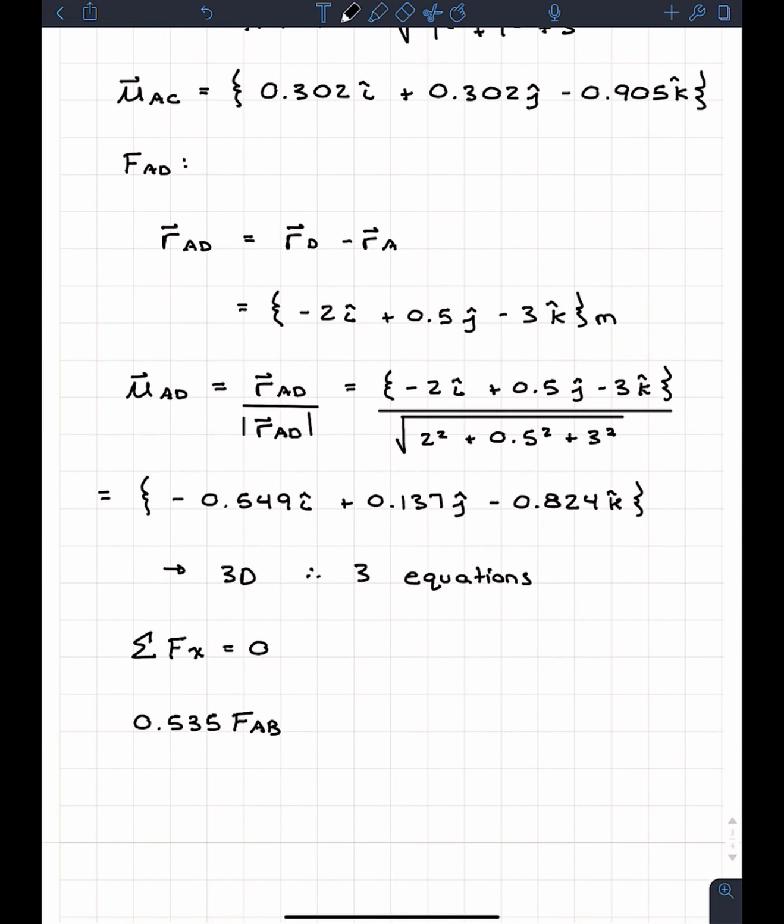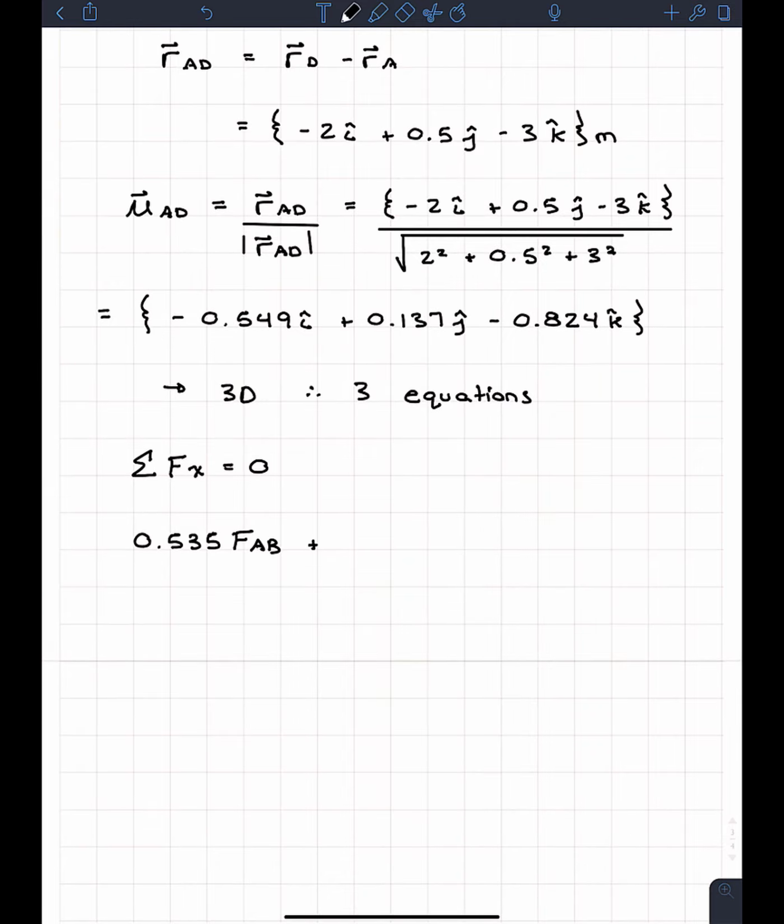So I'm going to go plus 0.302, this is going to be FAC. I do the last one for FAD, which is minus 0.549, and that's FAD. Since it's in equilibrium, all those forces must equal 0. So there's my first equation.